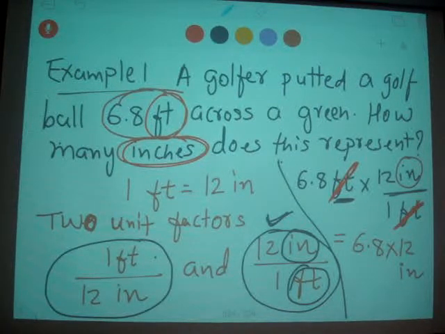What I calculate, 6.8 times 12. What do you guys calculate? 81.6 inches. Now remember, in the multiplication and division rule, which one has the least significant figures? There are 2 significant figures, right? So that means we can say our answer is 82 inches.